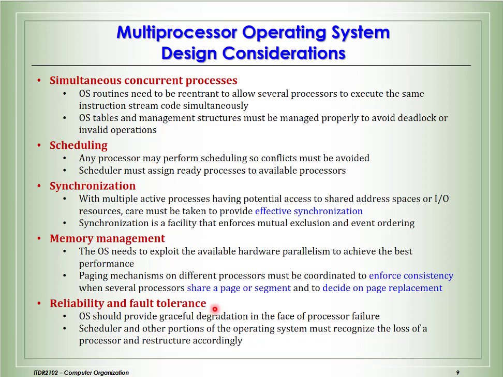This is a fault tolerant system. We need to see the reliability of the fault tolerance: in case a processor does not work, how the operating system will fix the issue and schedule other tasks to fix it.